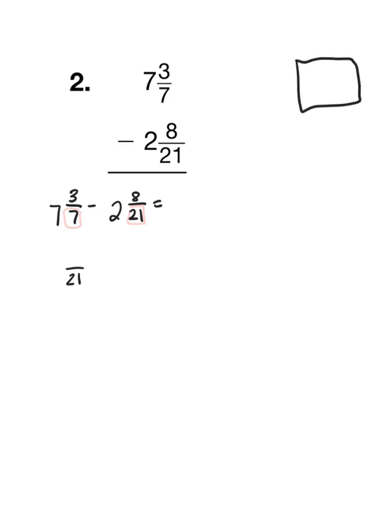So if I show you with a visual model, here's 7 equal pieces with 3 shaded.